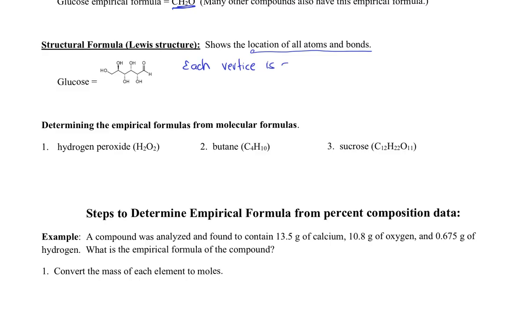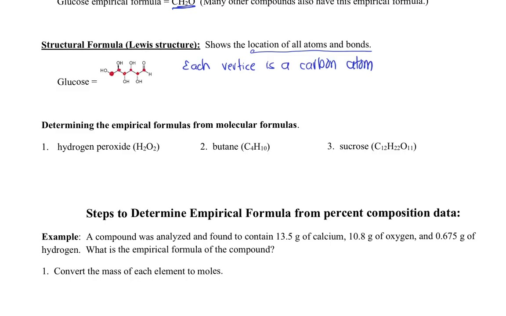Each vertex is a carbon atom. So I'm going to go ahead and mark my carbon atoms here. I'm going to put dots where there are carbon atoms. There's 1, 2, 3, 4, 5, 6. Those are the 6 carbon atoms in glucose.